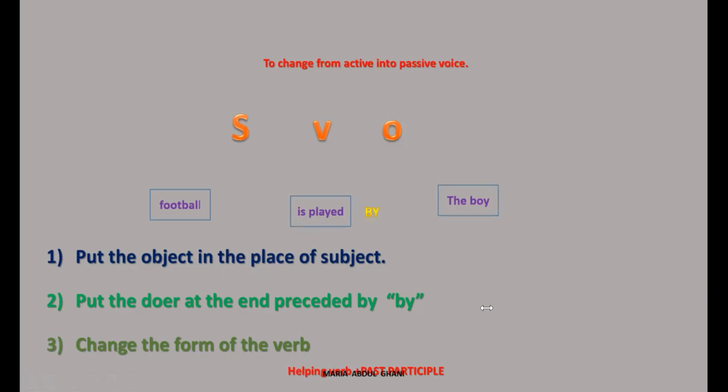Okay, if the verb is will tense, what is the helping verb of the will tense? Do you know? Helping verb of the will tense. Have been or has been?